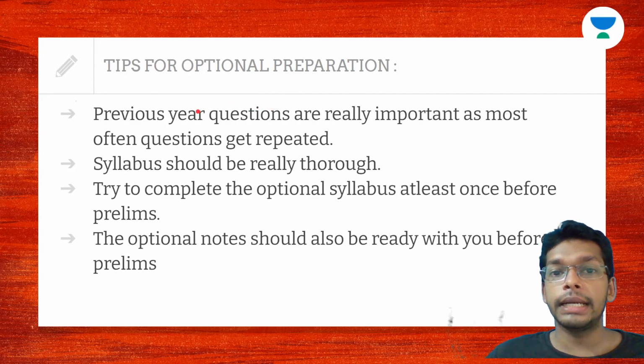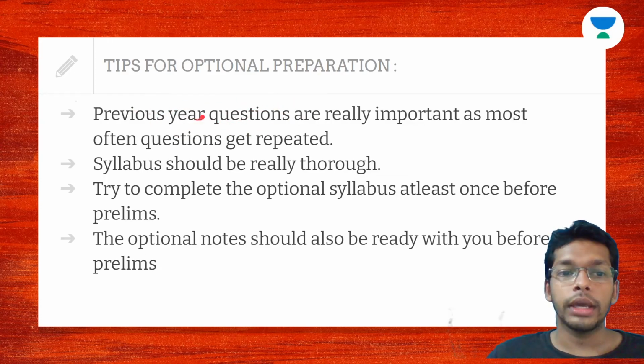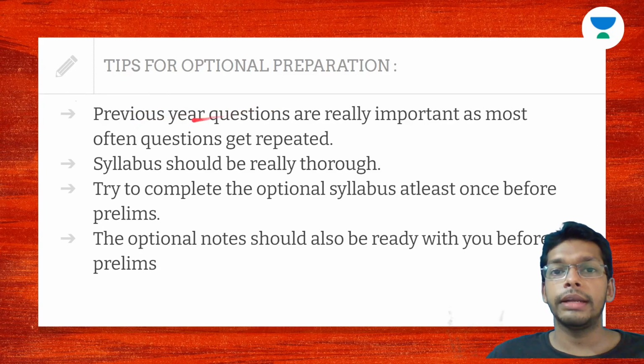This will definitely happen. Questions do get repeated in the optional papers, even though it might not happen in the general studies or ethics papers. So the previous year questions are the most important source for preparation for the optional subject. Let it be any optional, it doesn't matter what the optional is.